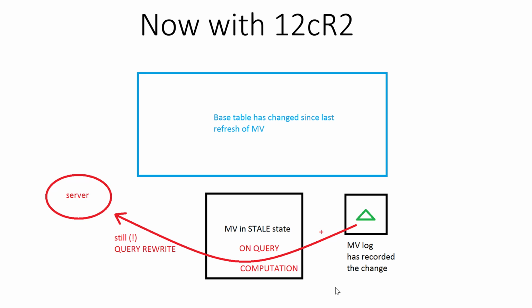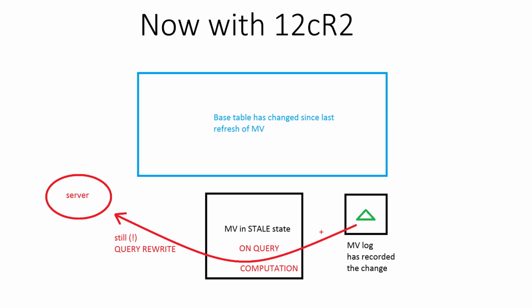Now to the new feature. With 12c Release 2, in the same situation, when the materialized view is stale and there is a materialized view log containing the change, then the query can still be rewritten. We don't have to access the large base table.